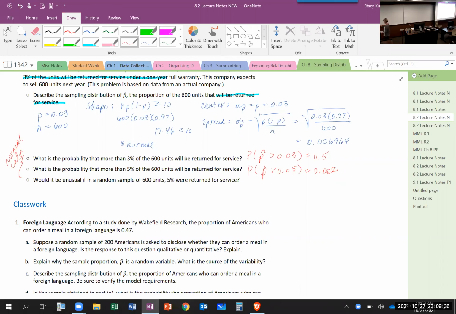So 1, 2, and 3 you have right there on your paper, on the continuation of your paper, and see if you can apply this new concept of a sample proportion to these questions. The only thing that has changed is your shape, your center, and your spread. We're going to take just a little time to finish that.